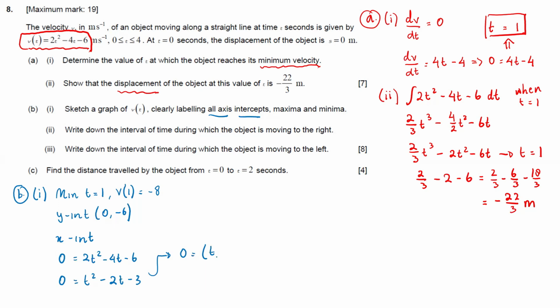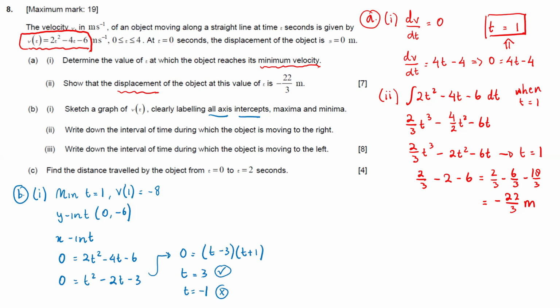We can factorize it: t minus 3 times t plus 1. Meaning our intercept is when t equals 3 or when t equals negative 1. Now, the t is only between 0 and 4. So we take this one here, but we don't take negative 1 because it's only between 0 and 4. So that's the x-intercept.